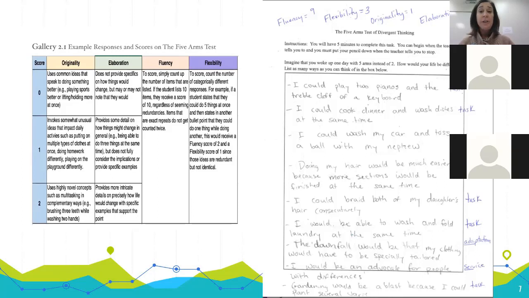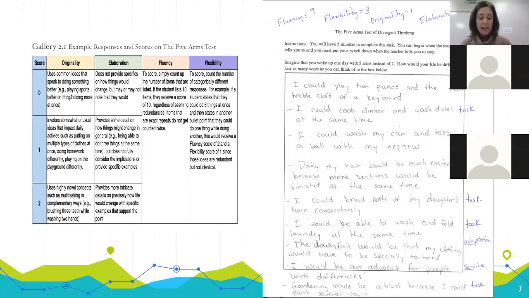So if you're looking through the list, the first 1, 2, 3, 4, 5, 6 items are all tasks. So that's only 1 flexibility score so far. Then you go down to almost the bottom and she says, the downfall would be that my clothing would have to be specially tailored. That's a totally different task. We're going into adaptation again, very similar to a previous response on another student.